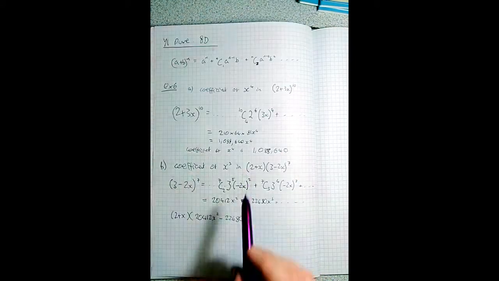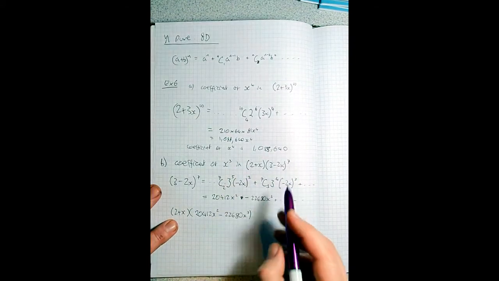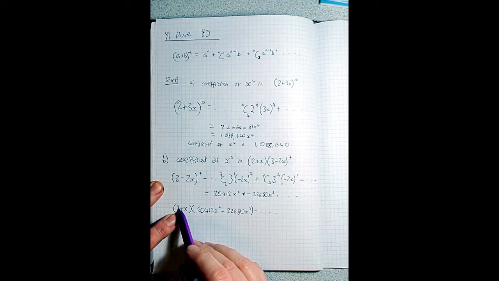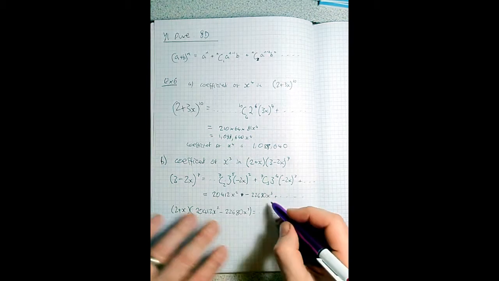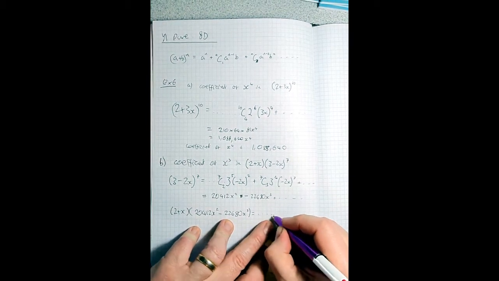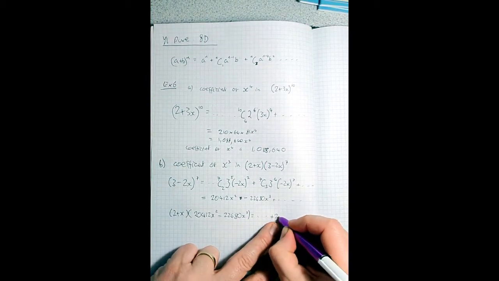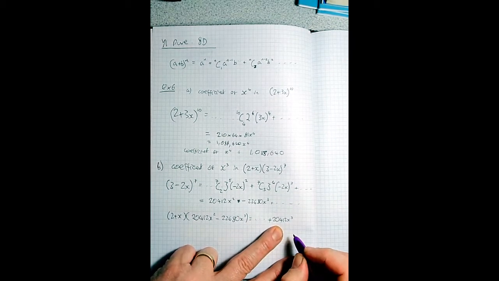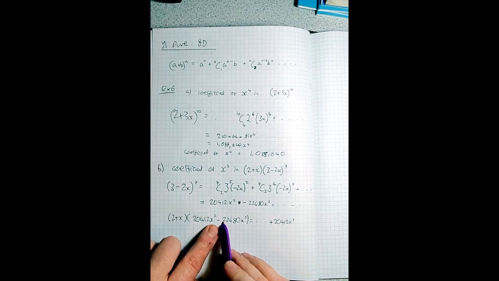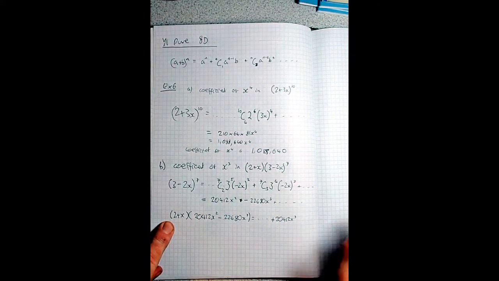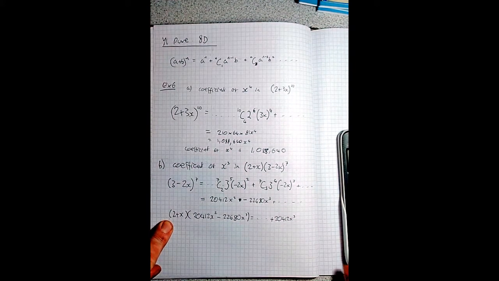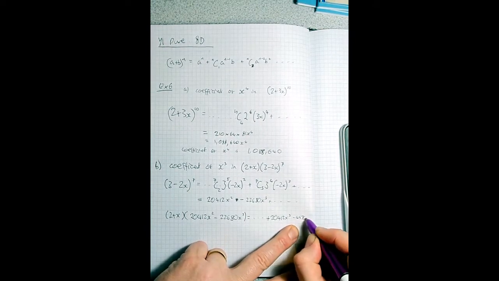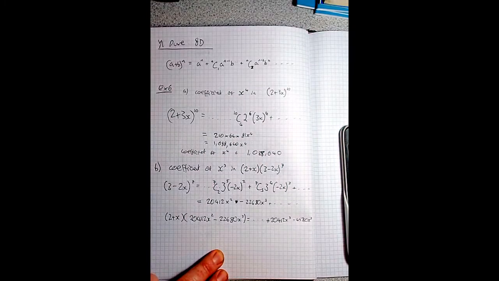Now I only care about the x cubed terms, so I get my x squared term times x, giving 20412x^3, and my x cubed term will multiply by 2, let's double that, giving minus 45360x^3.